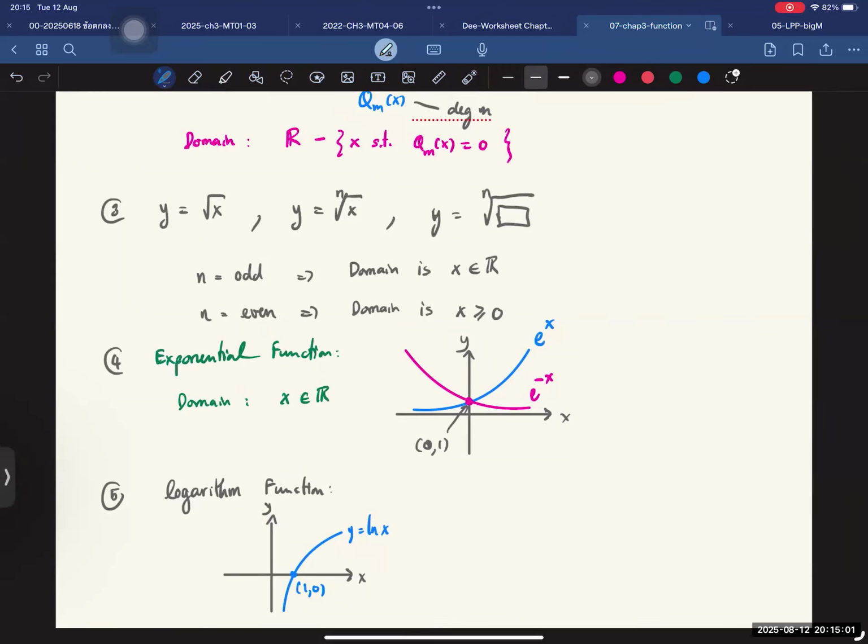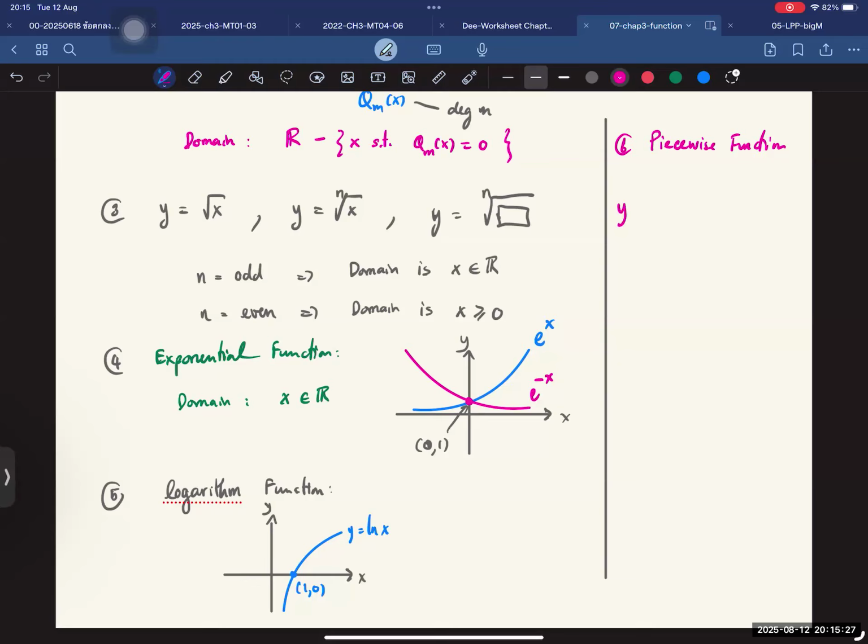And the next thing is maybe a combination of these. Maybe you can have a piecewise function. We separate the domain into pieces, and for each piece, the y value takes a different form.